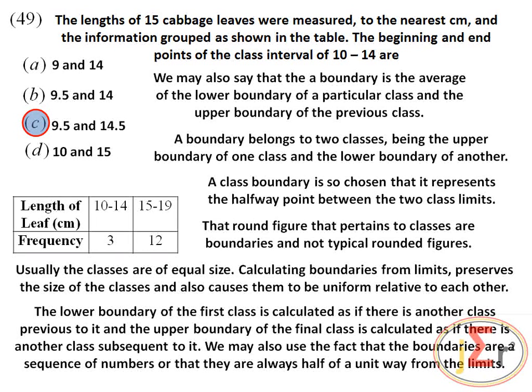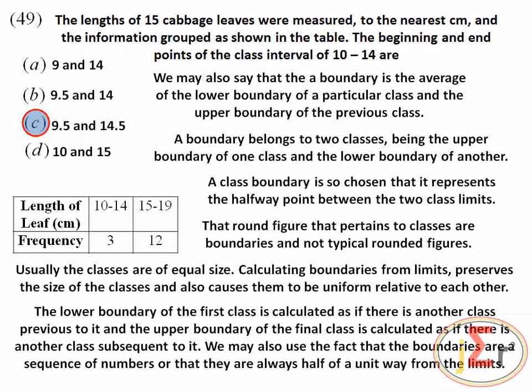We may also use the fact that the boundaries are a sequence of numbers, or that they are always half of a unit away from the limits. So there are quite a few things that we may consider in determining boundaries.